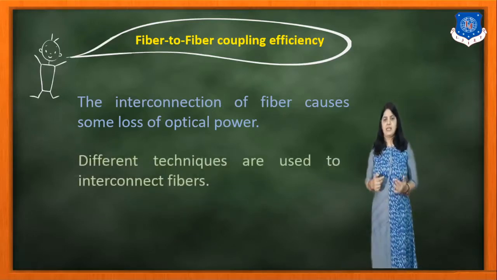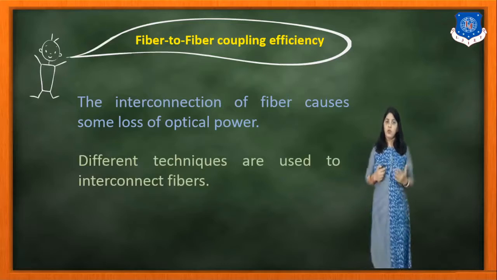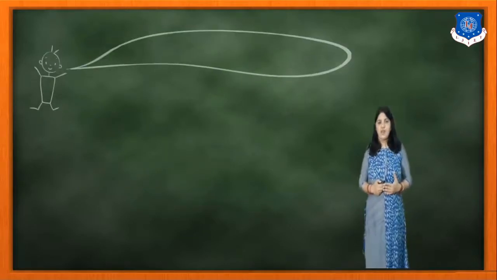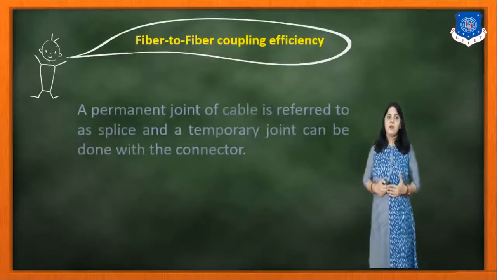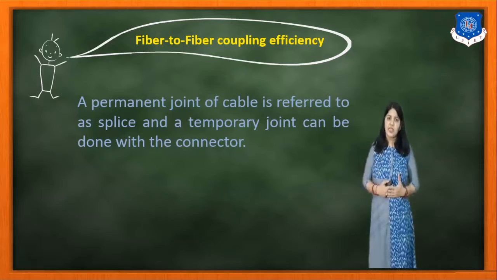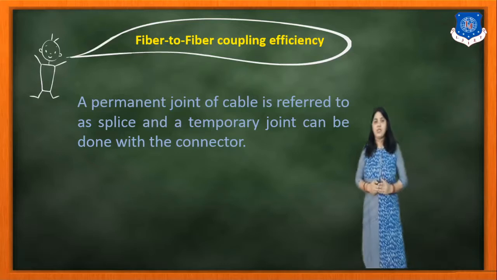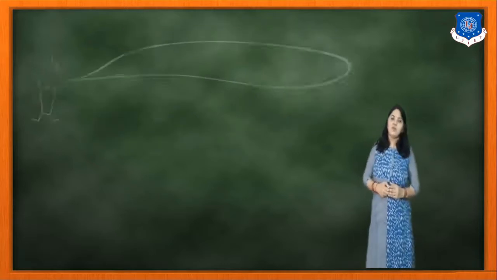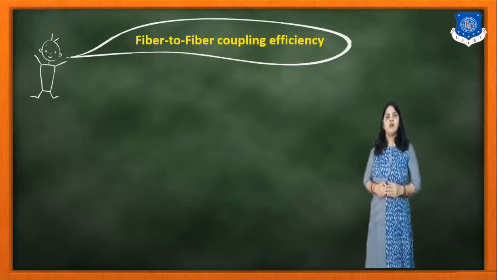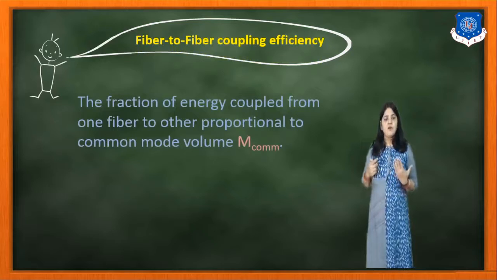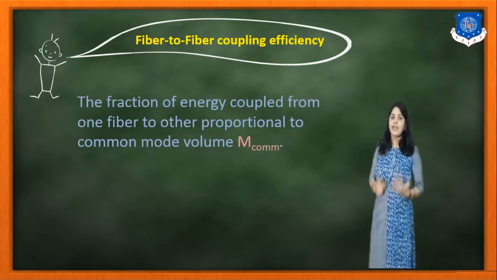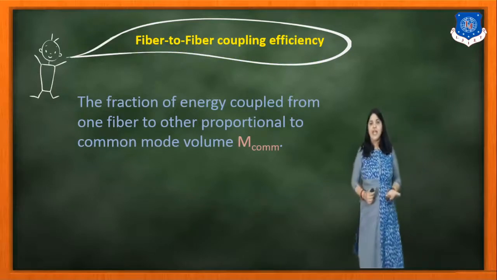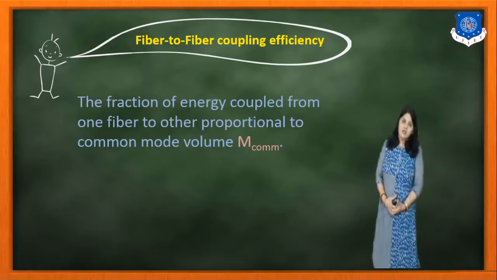So different techniques are used to interconnect the fibers. A permanent joint of the cable is referred to as a splice, and a temporary joint can be done with a connector. So the fiber to fiber coupling efficiency is what we need to find in this case.